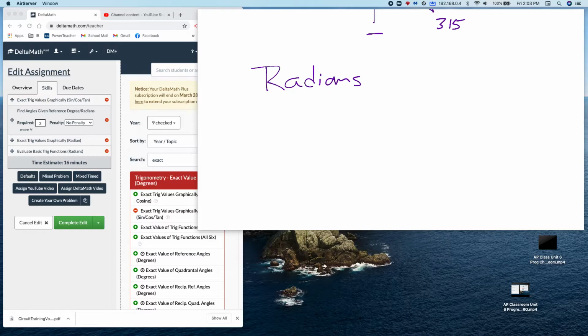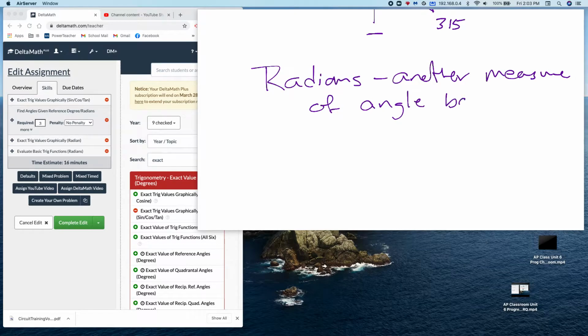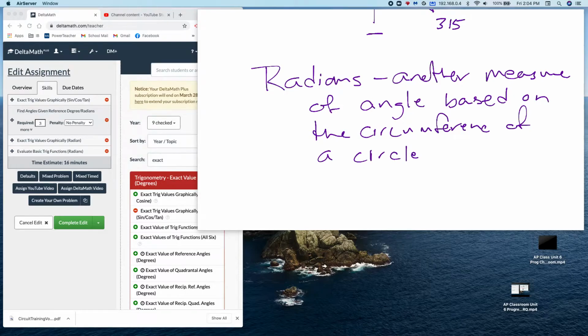And radians is just another measure of an angle based on the circumference of a circle with radius equal to 1. So that's what the radian measure is.